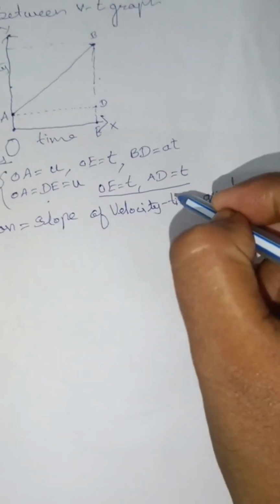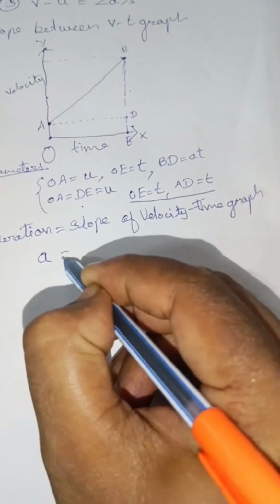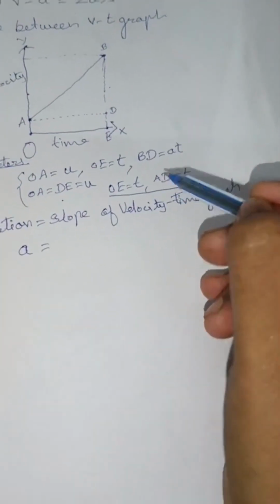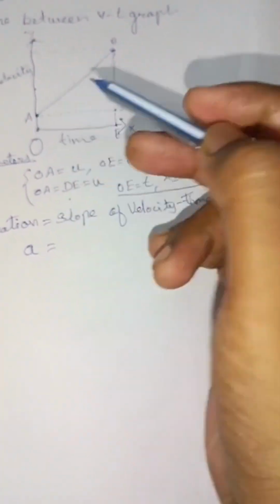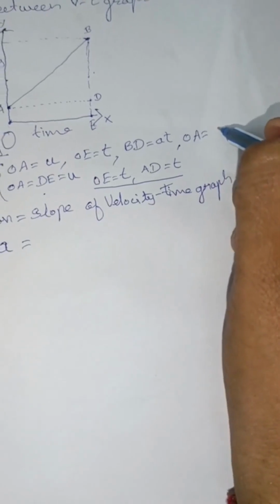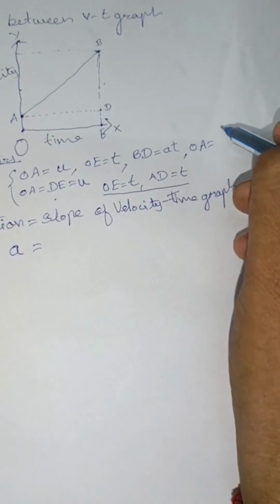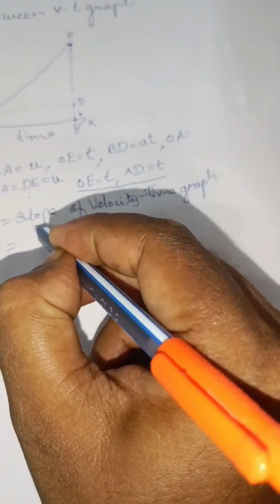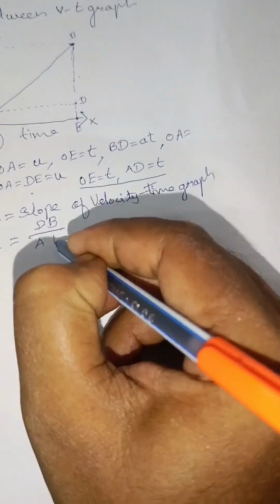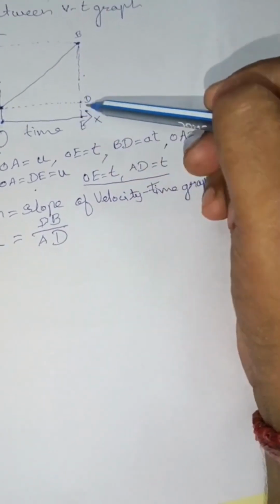I can write a equals DB divided by AD, since I know what my a is here.